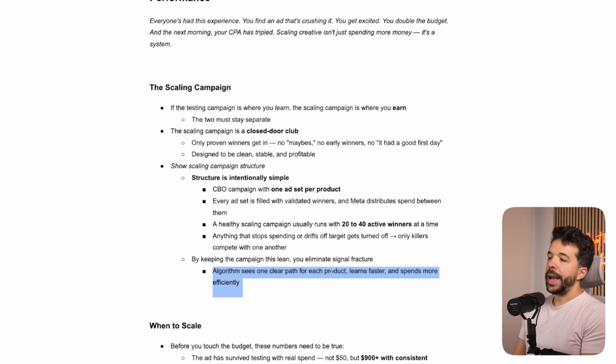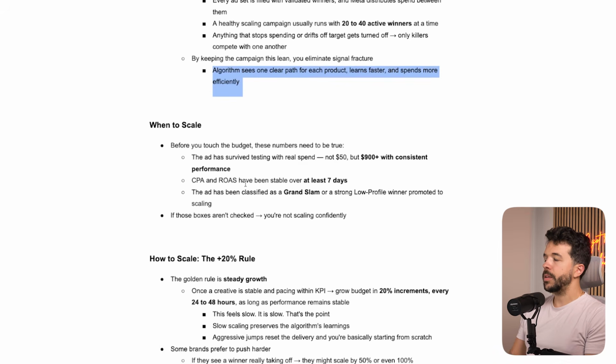And when I asked how much they were spending, the ad spend was very small. So usually you want to start with a higher budget for the CBO campaign, especially if it's the scaling one. And you want to put into it only the real winners, only the real killers, so the data points for the campaign and for the algorithm stay clean.